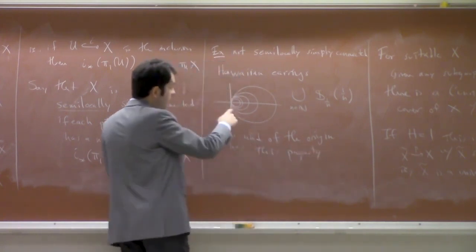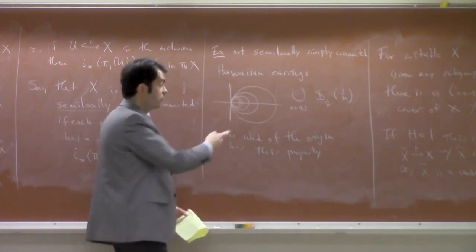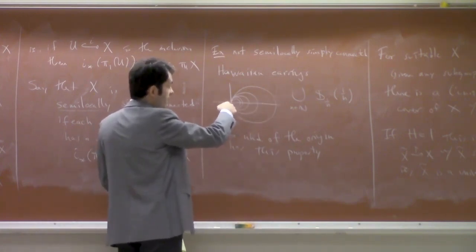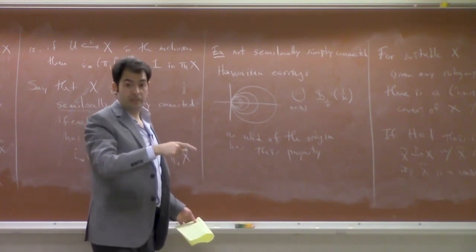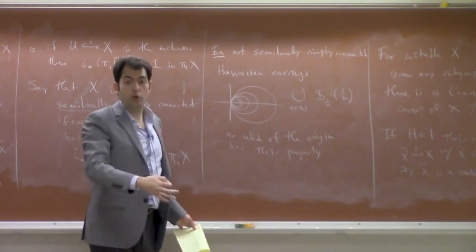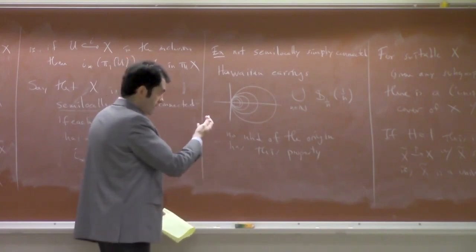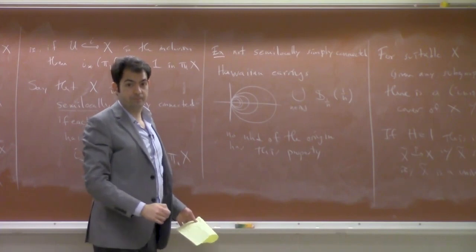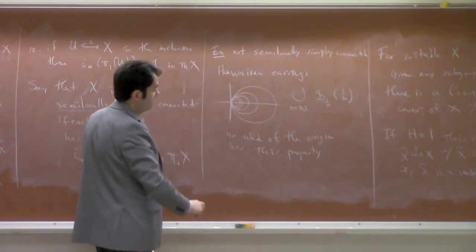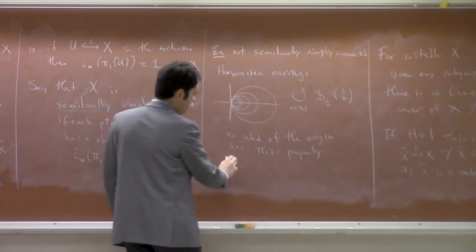Right? Because no matter how small a neighborhood you choose, there is some circle that lies entirely in that neighborhood, and going around that loop is not null homotopic in that neighborhood or in the entire space X. Okay? So this is an example of a space that's not semilocally simply connected.